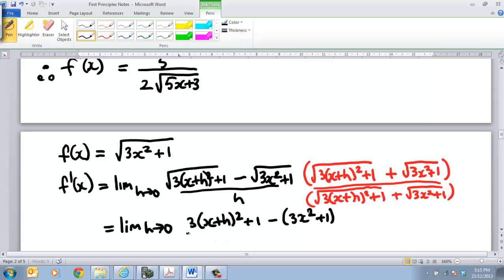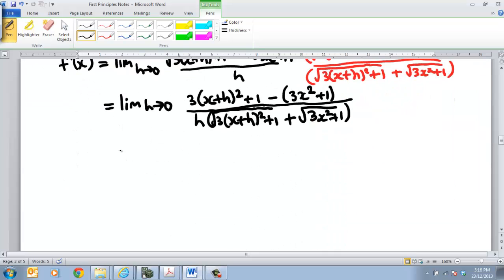And then that's all over, and we have to write it, but we don't simplify it, okay? So that's going to be h bracket, the square root of 3(x plus h) squared plus 1, and then that's plus the square root of 3x squared plus 1. Right, so that's our top line.